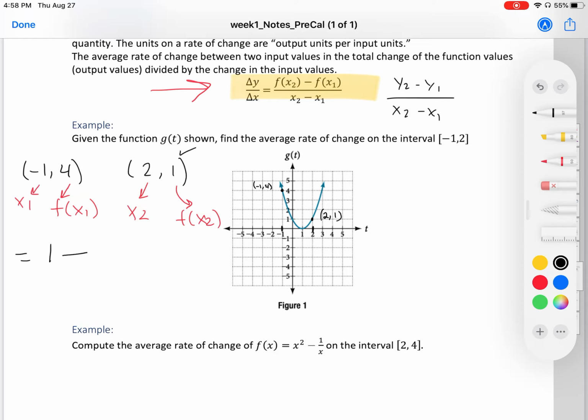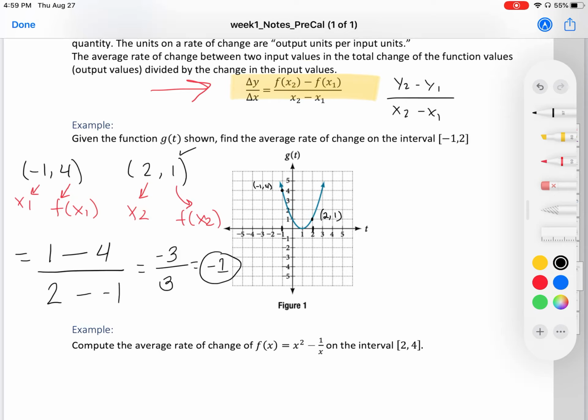So I have 1 minus f of x1. What is f of x1? That's 4, right? So we have 1 minus 4, divided by x2, which is 2, minus x1, -1. So we get -3 divided by 3. We get -1. That is our answer.